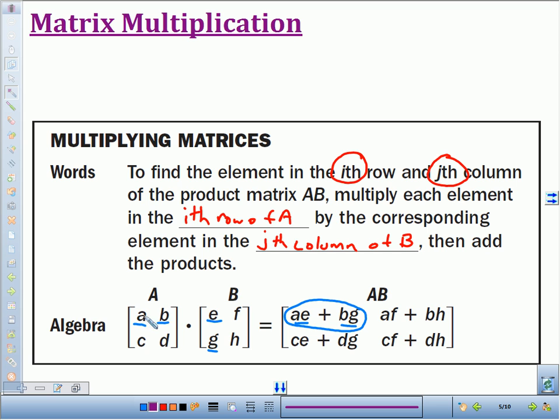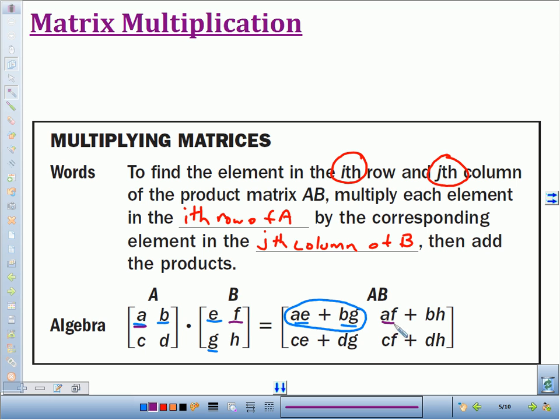So that means that I'm going to multiply A times F. First element of the first row, first element of the second column.